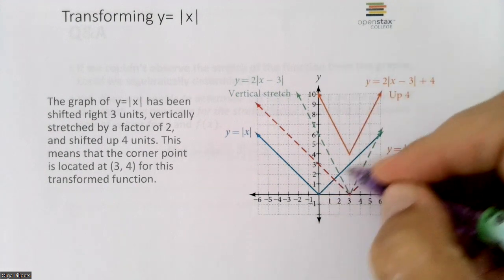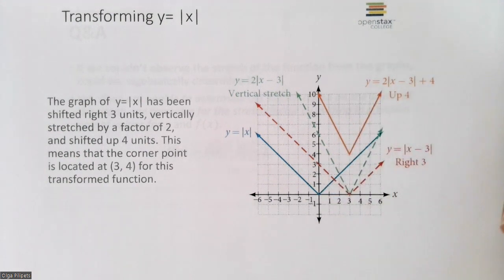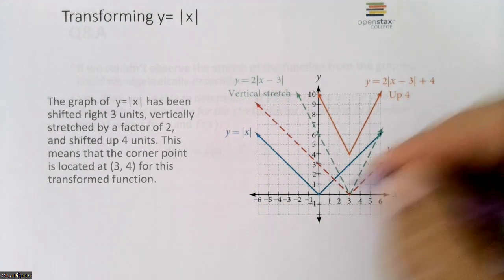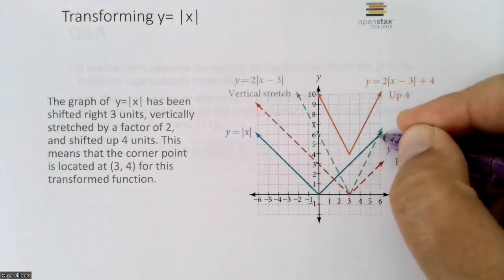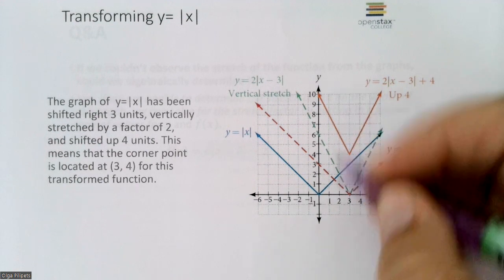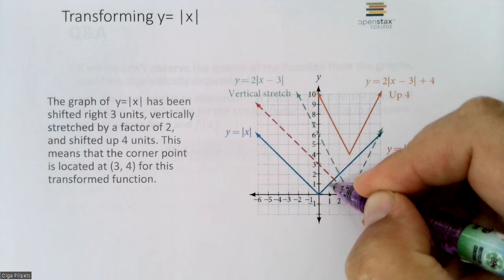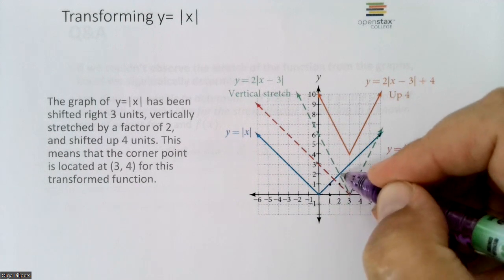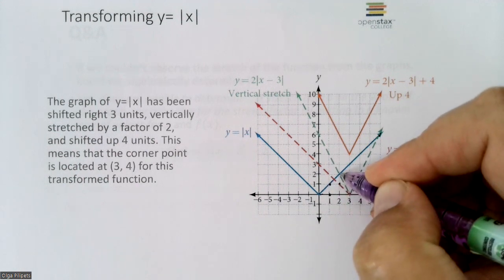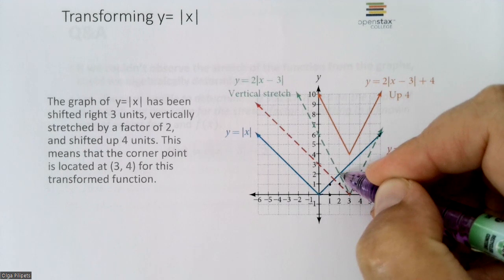We know that it's a line y equals x, right? So the slope of this function is 1. And we can verify it: 1 step to the right, 1 step up, 1 step to the right, 1 step up. We end up on the line itself.